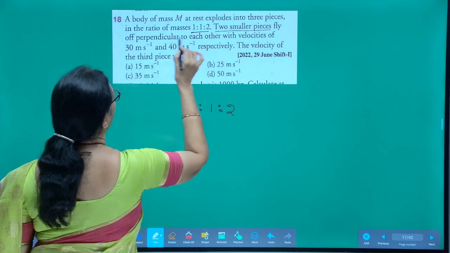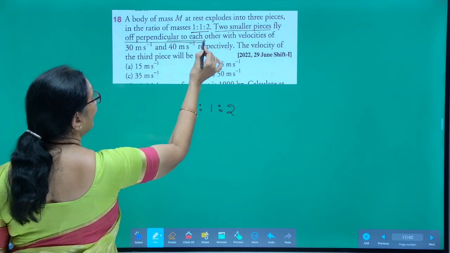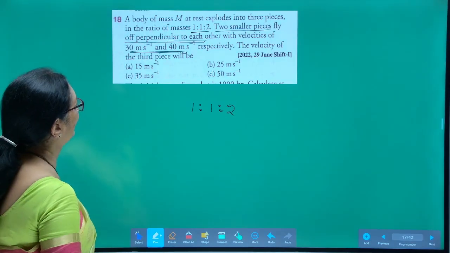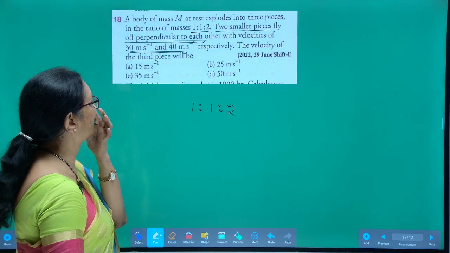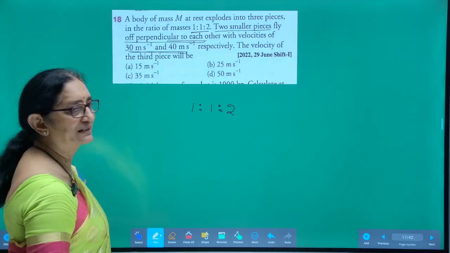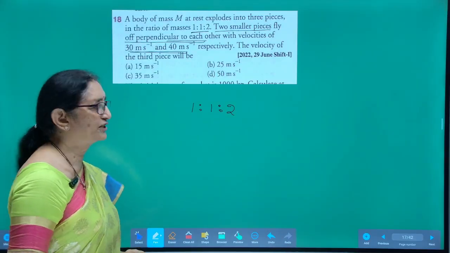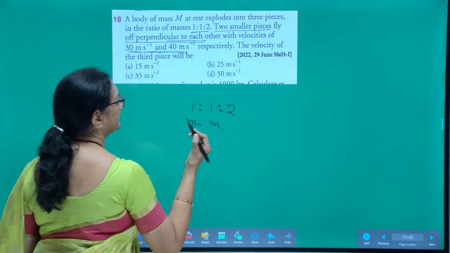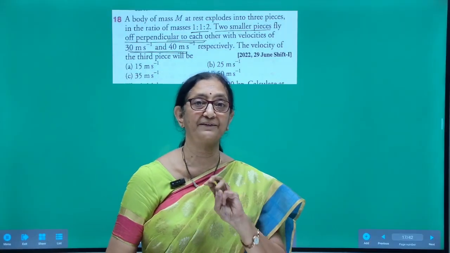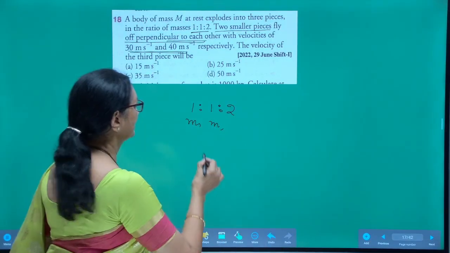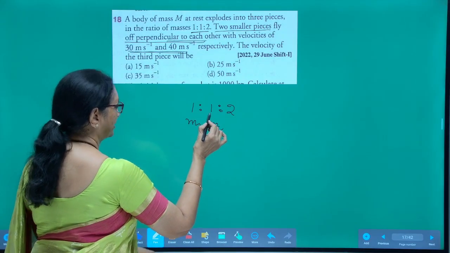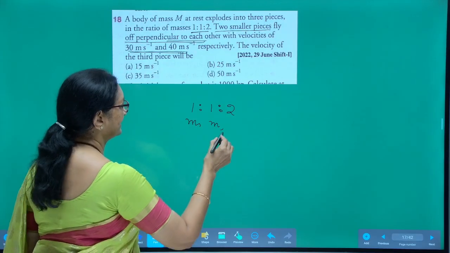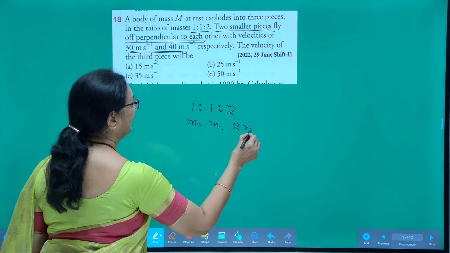The 2 smaller pieces fly off perpendicular to each other with velocities 30 meter per second and 40 meter per second respectively. Find the velocity of the third piece. Let us assume the mass of the first piece is m, the mass of the second piece is m. What will be the mass of the third piece? Because the ratio is 1:1:2, the mass of the third piece is going to be 2m.